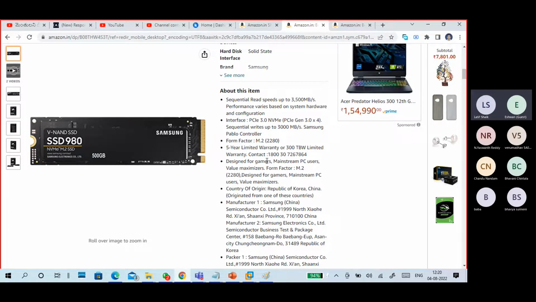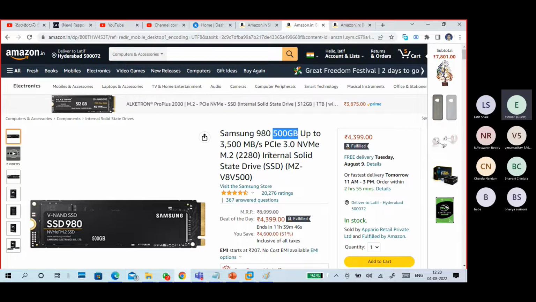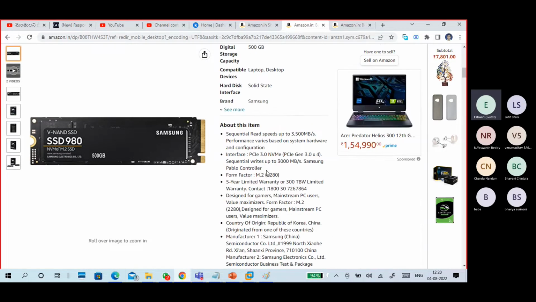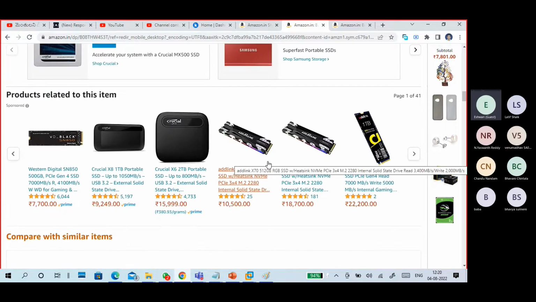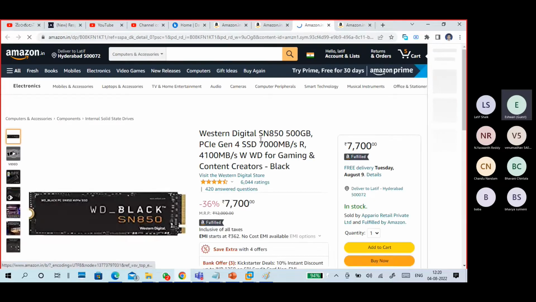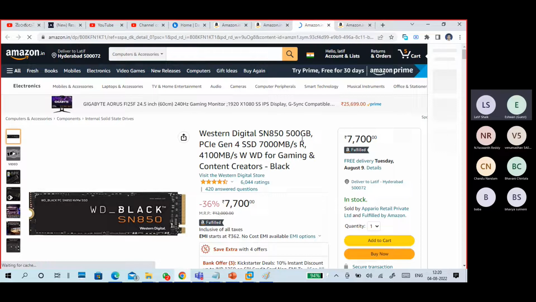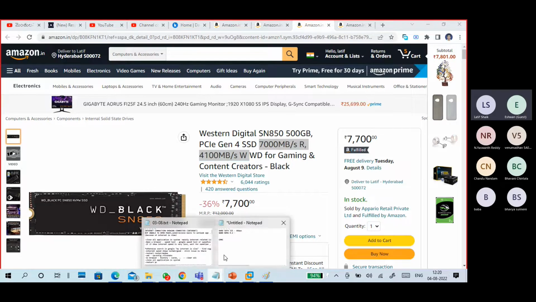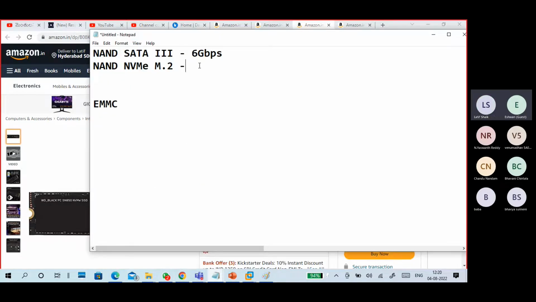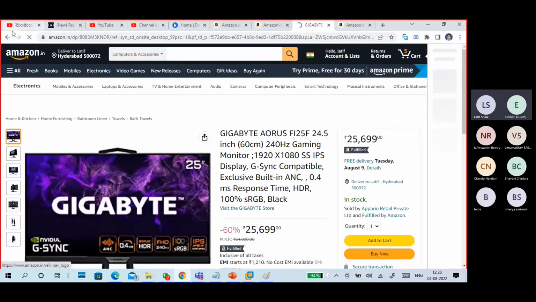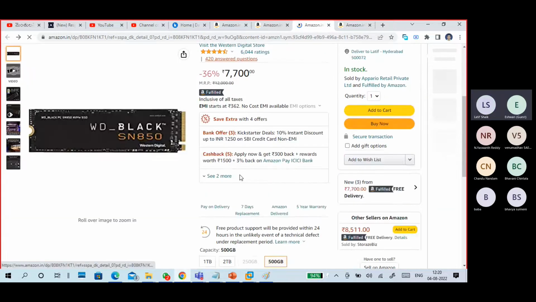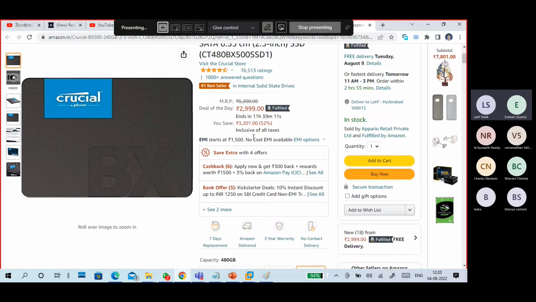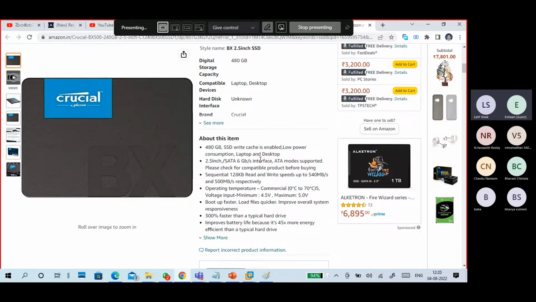Compulsorily check the speed, guys. What is the read and write capacity of this SATA one, and what is the read and write capacity of this one?